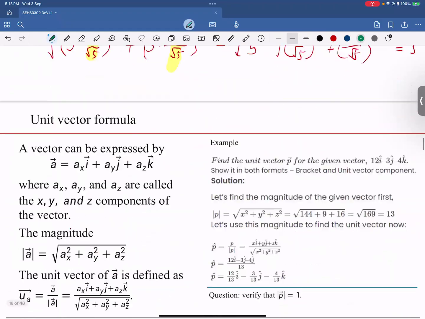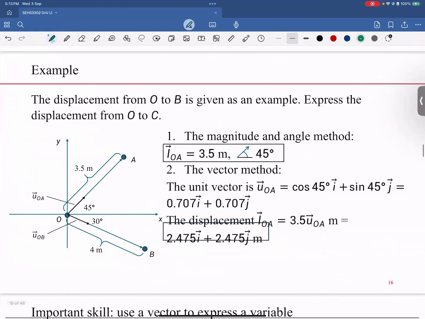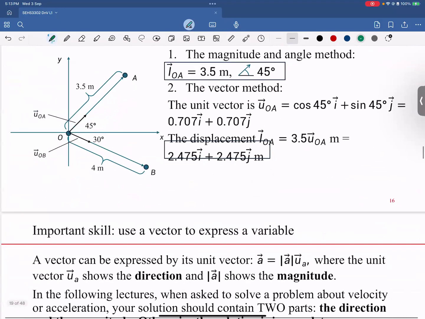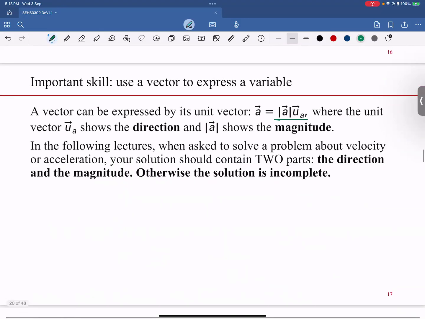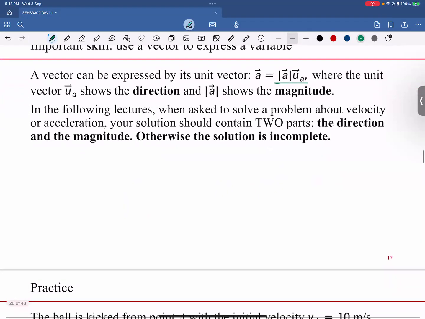So much for the unit vectors, and I leave it to you for after-class practice. You know we have a very important skill here: for any variable, we can use its magnitude times a unit vector to denote it, and you can read the direction and the magnitude in such an expression.